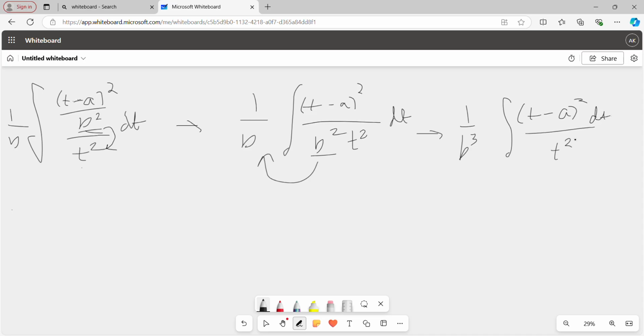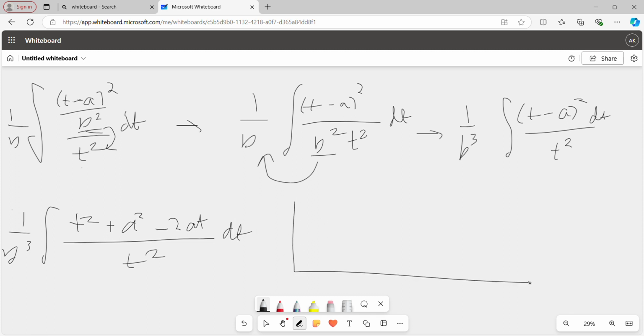This is quite easy to integrate. 1 by b cubed is aside, and we expand: a square plus b square t square minus 2abt, over t square, dt. Now, let us use the fundamental theorem that we all know about fractions. If something is equal to a plus b by c, you can always write it as a by c plus b by c.